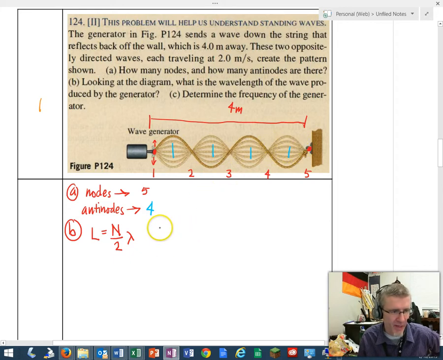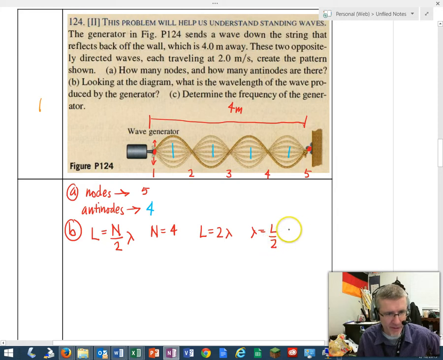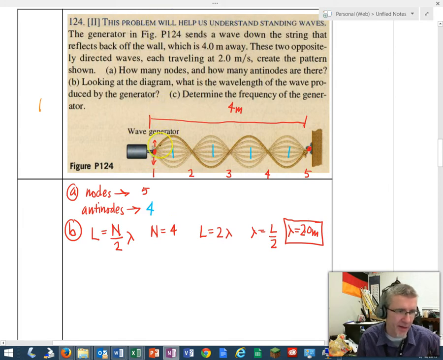So we have n equals 4 in this case, which means that L equals 2 times the wavelength. So that means that the wavelength equals L over 2. L is 4 meters, so that means that the wavelength is 2 meters. And that makes sense because we know that this is a complete wavelength of the traveling wave that's on this string, which is half of that, which is 2 meters, so it's a double check.